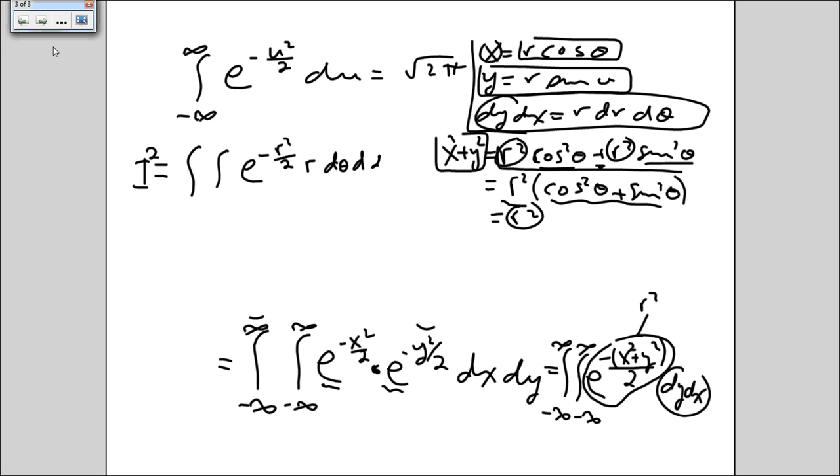So I'm going to do d theta first, then dr. And theta goes from 0 to 2 pi, and r is going to go from 0 to infinity. Think about why those limits make sense. I have to leave you with some things to think about.